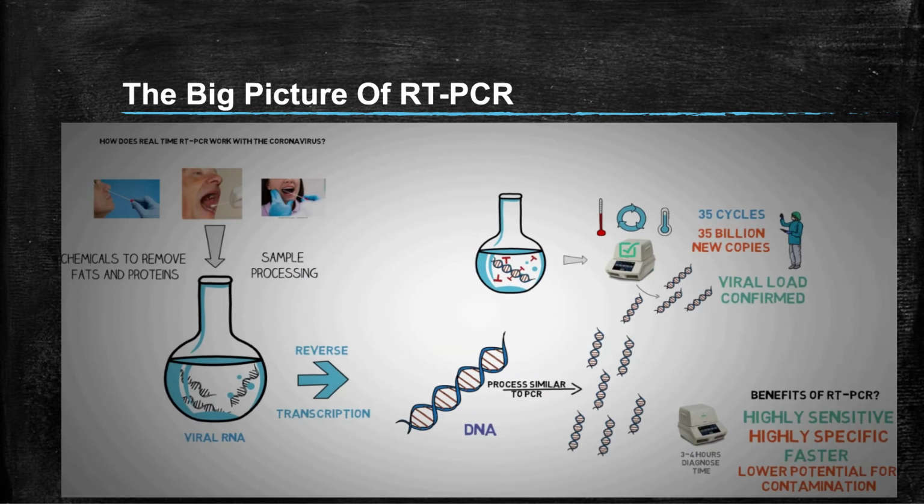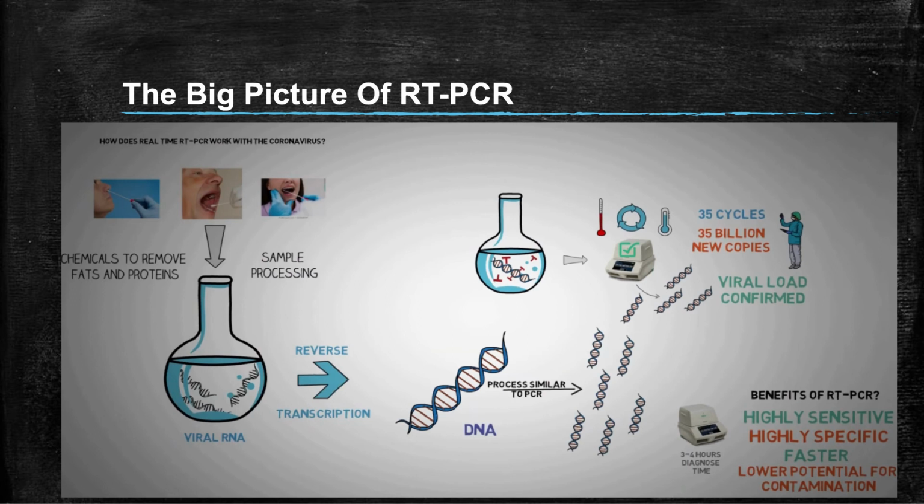Then the collected sample is treated with several chemical solutions to remove fats and proteins. This is done to collect only the RNA from the sample. The extracted RNA has the person's own genetic material and, if present, coronavirus RNA.